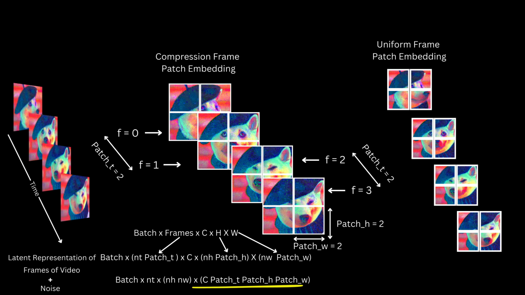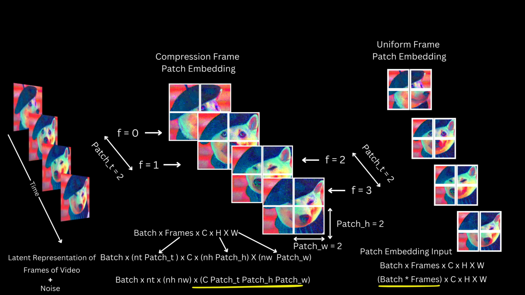So all we'll do in implementation is reshape the input prior to calling our DIT patch embedding block. That's it. So from batch size, cross frames, cross C, cross H, cross W, to batch size times frames, cross C, cross H, cross W. So the patch embedding block just works as if you are working with images with a batch size of this value.